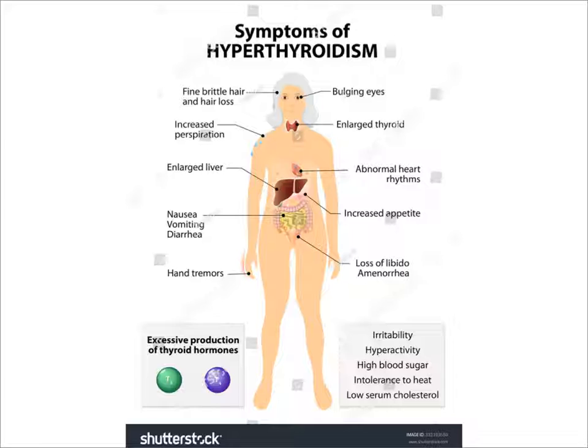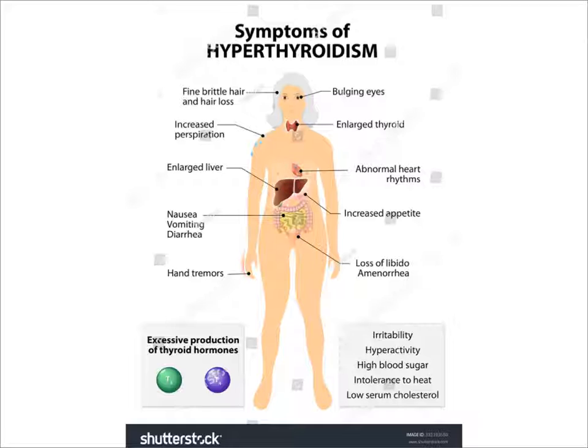Hyperthyroidism is less common than hypothyroidism, but not uncommon. So what comes with this? Well, increased appetite, and specifically increased appetite without weight gain. Often with weight loss. Unexplained weight loss when you're still eating plenty of food.